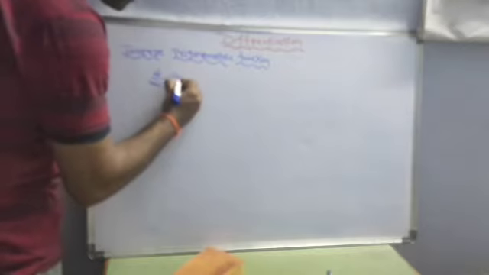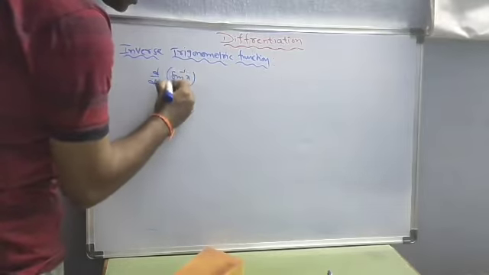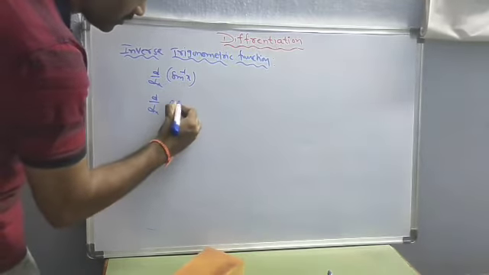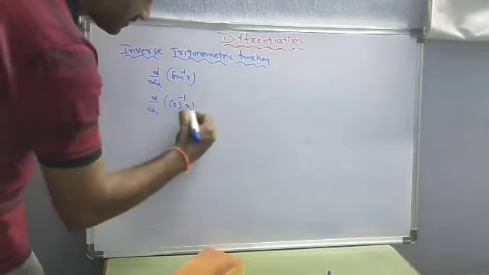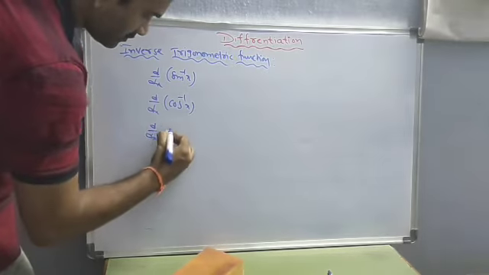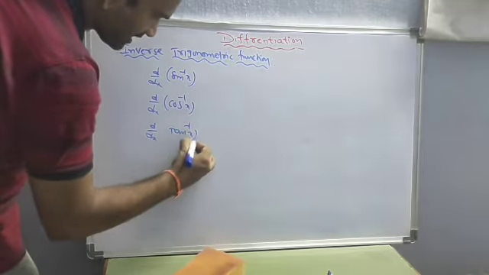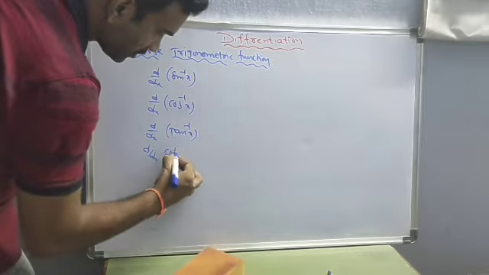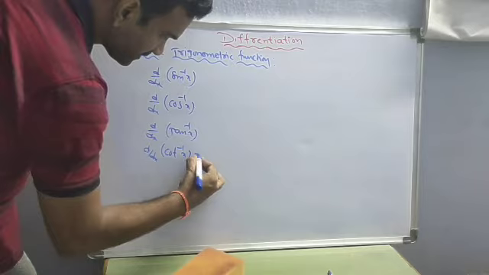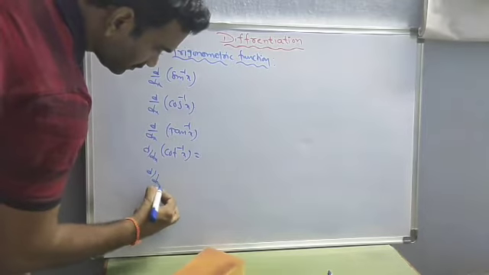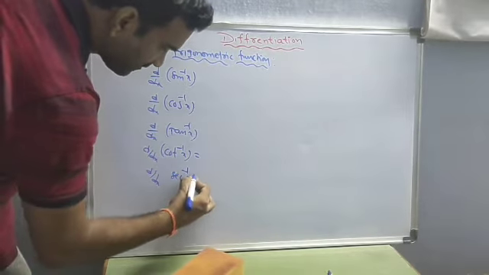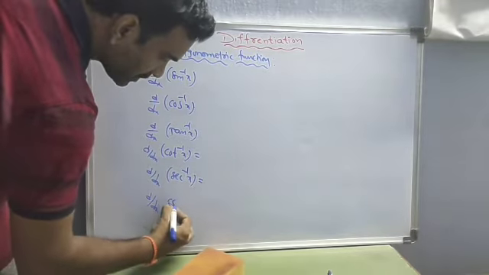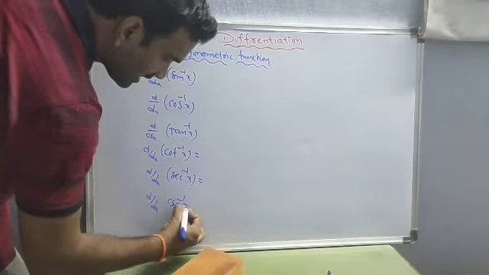d by dx of the inverse trigonometric functions: sin inverse x, cos inverse x, tan inverse x, cot inverse x, secant inverse x, cosecant inverse x.